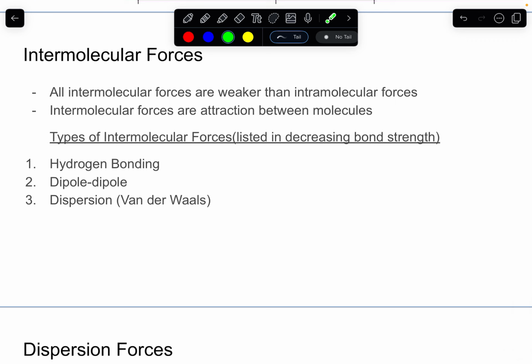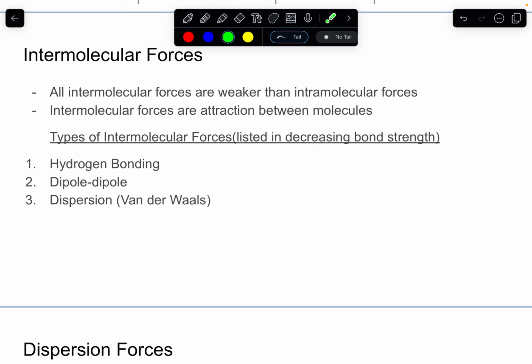Intermolecular forces are the forces between different molecules. All right, and a key thing to remember is your intermolecular forces will always be weaker than the bonding or intramolecular forces. All right, intermolecular forces, they're attraction between molecules, and we have a list here, and these are also listed in decreasing bond strength.